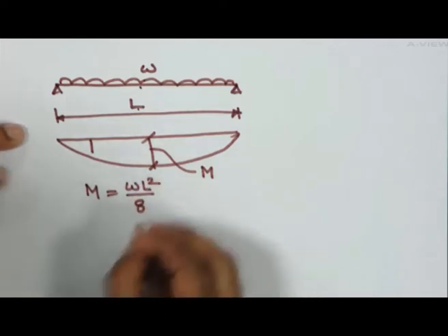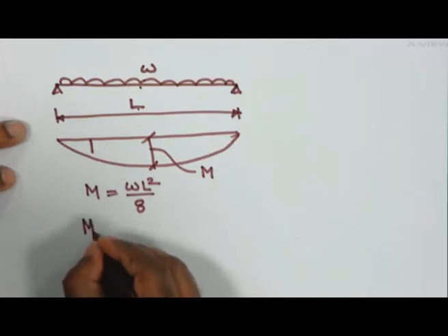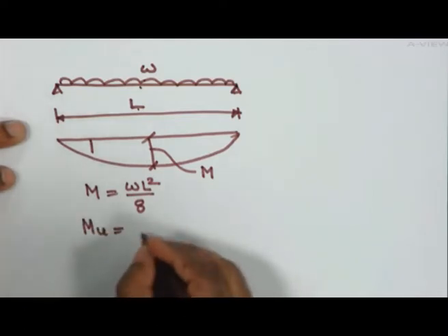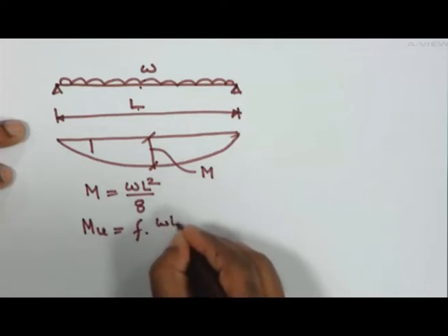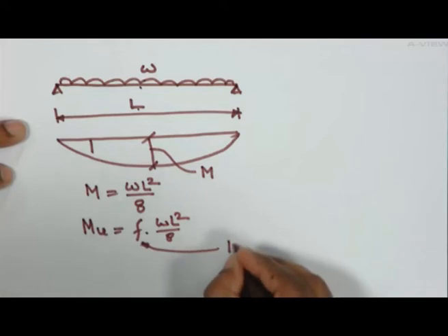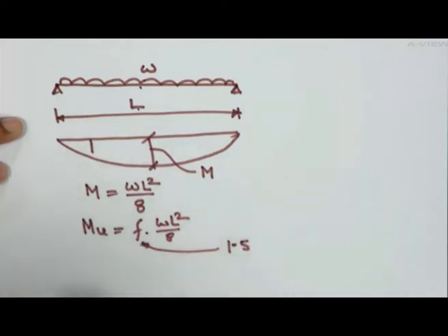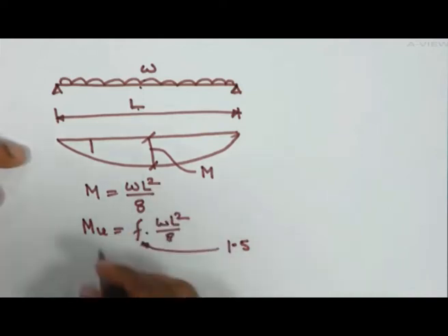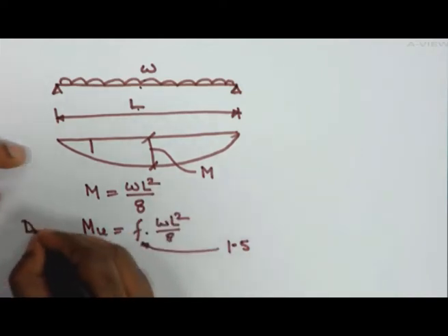Now I would like to find out Mu, which will be a certain factor multiplied by again WL square by 8, and this one we generally take 1.5. So this is the value, we take it 1.5 here, and this is called design moment.